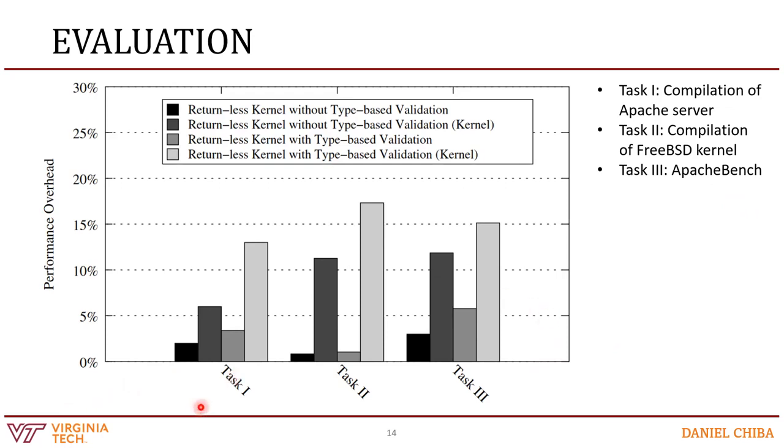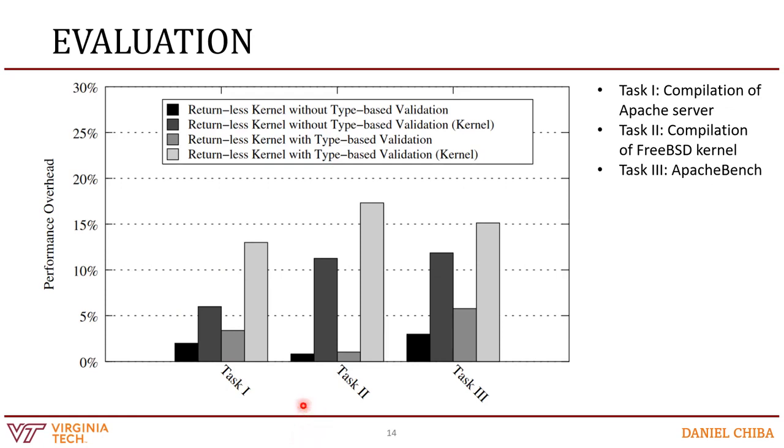And what's more important in these graphs are the first and third columns, because those are the overall overheads. The second and fourth lines indicate overhead within the kernel itself. So that is just kind of benchmark, evaluation of overhead within the kernel.